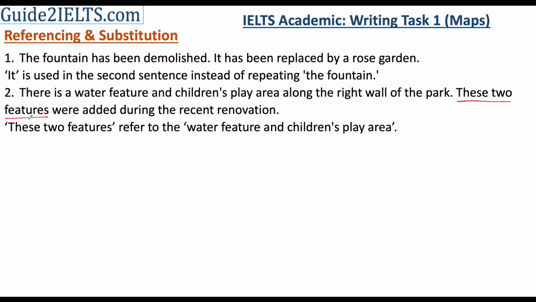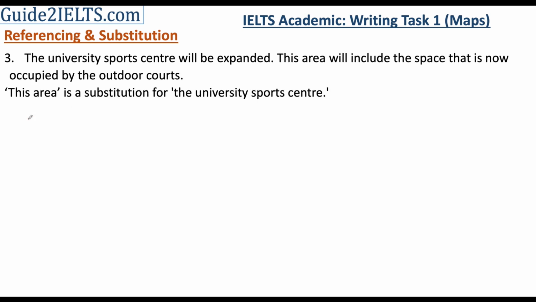These two features refer to the water feature and the children's play area. The University Sports Center will be expanded. This area will include the space that is now occupied by the outdoor courts. This area is a substitution for the University Sports Center.